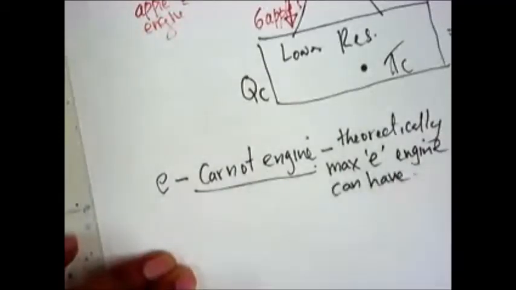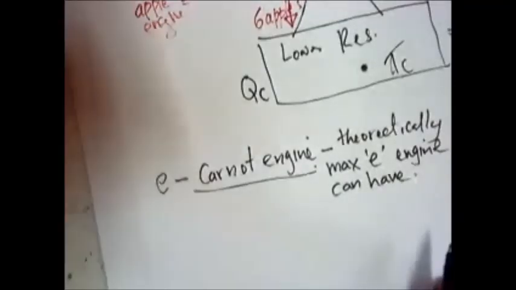Now in reality, if you make an engine, you can use the Carnot formula to find its efficiency, but in reality that engine will always have an efficiency which is lower than the Carnot efficiency. So Carnot efficiency gives you theoretically the maximum efficiency that the engine can have.